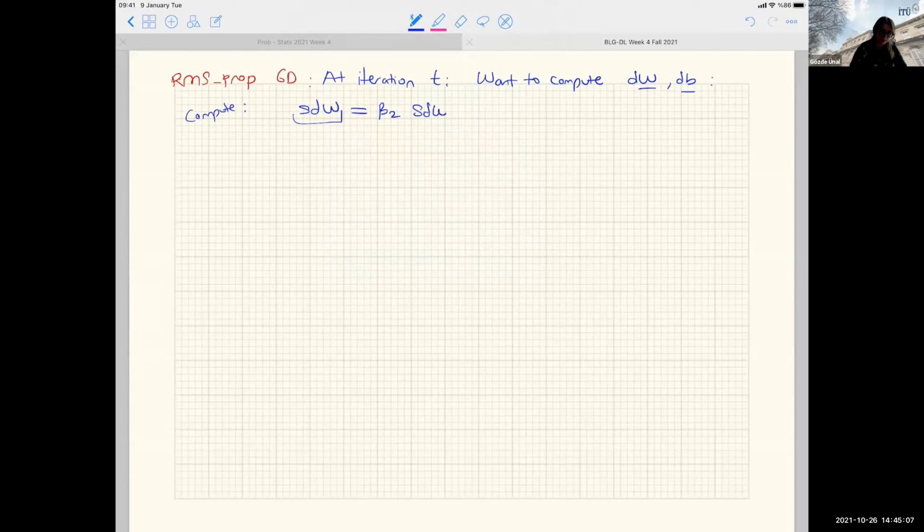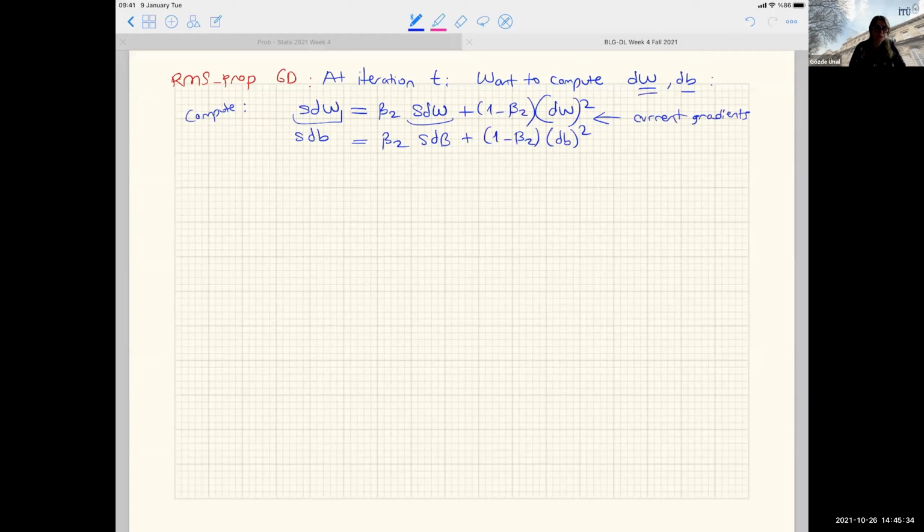Another averaging here, SdW plus 1 minus beta 2 times dW squared, the current gradient. So you see, this is the previous averaged squared gradient and the current gradient. Same for the bias term. These guys are current gradients, by the way.